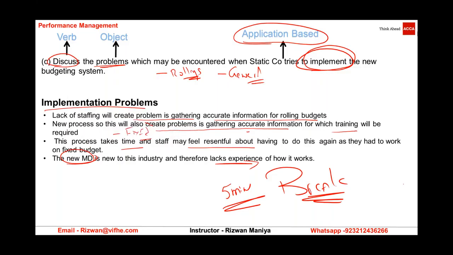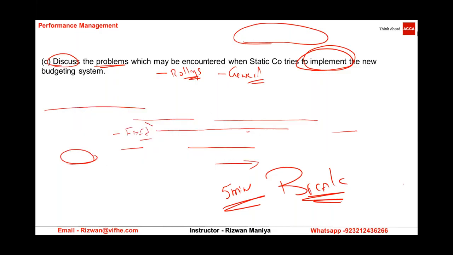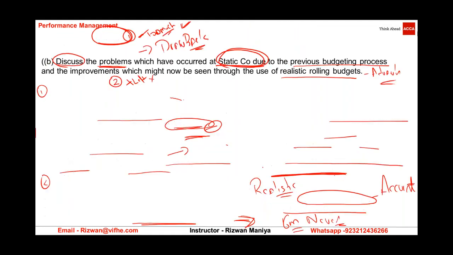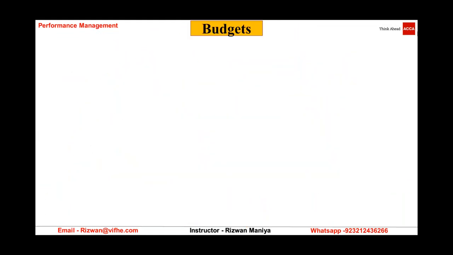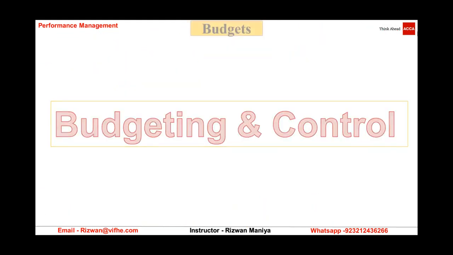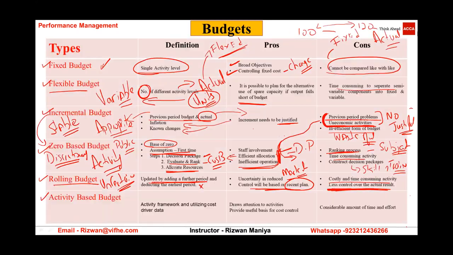So coming back to the next area, we have activity based budgets. A quick overview. Activity based budget basically is a method where we make budgets for different activities.